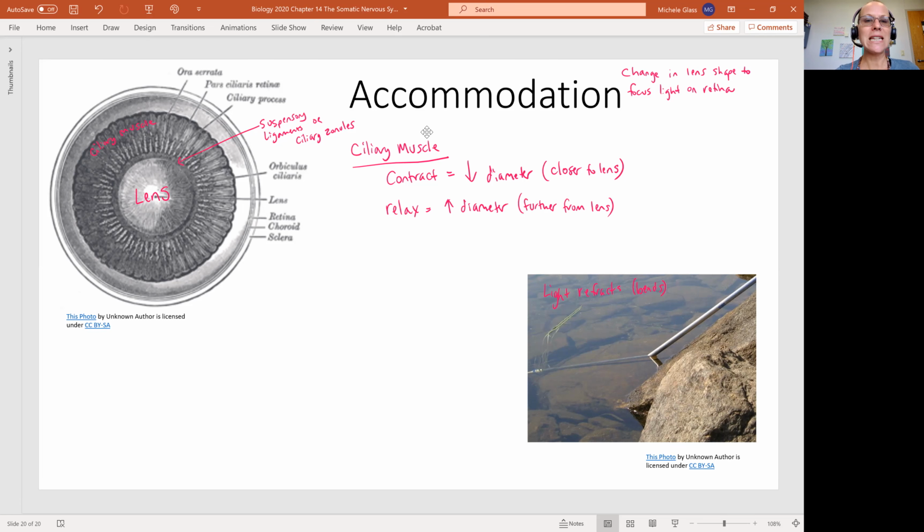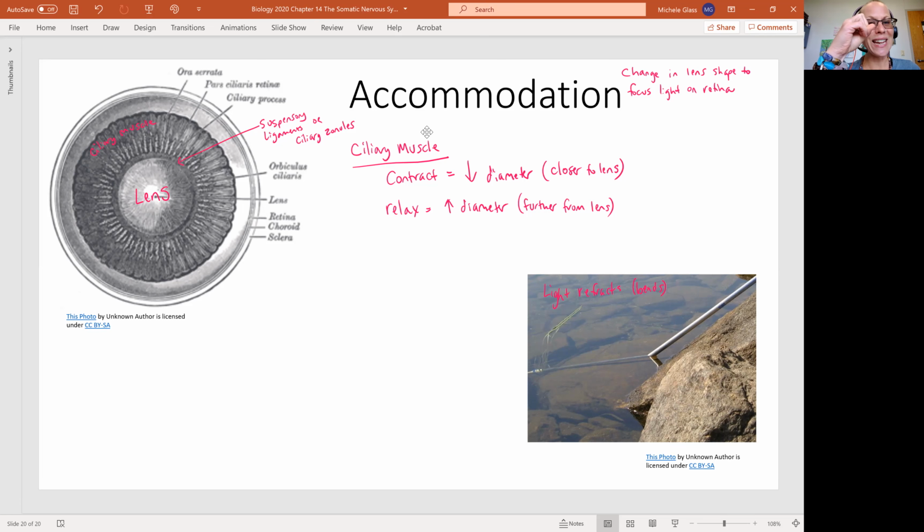So you have these connective attachments. Maybe think of them as threads or wires or something along those lines, right? So take your hand, make that circle, contract your ciliary muscle with your hand, right? We said the muscle's getting closer to the lens. So if you had strings, I like to imagine my ciliary zonules as strings.